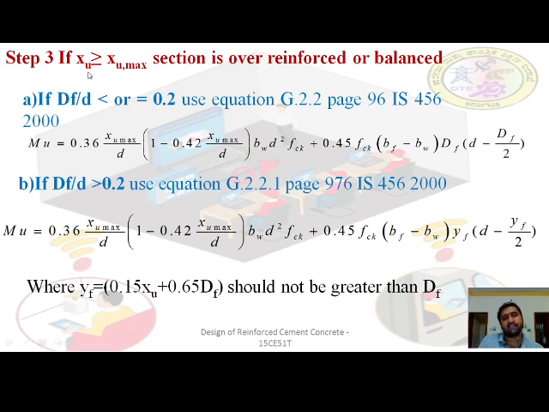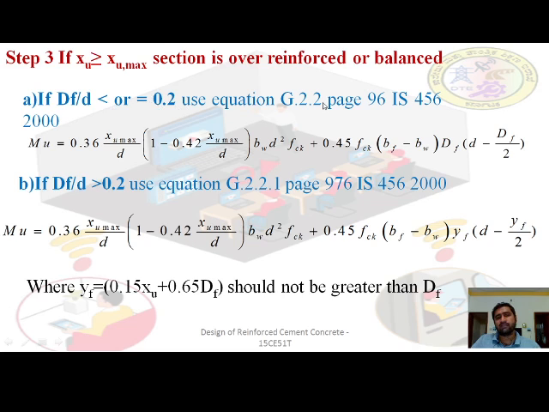In step 3 we will compare the Xu with the Xu max. If Xu is greater than Xu max, then the section is over reinforced, or it can be balanced. When it is equal, it will be balanced. If it is greater, then we will check the value Df, that is the depth of the flange, divided by the effective depth of the beam, whether it is less than or equal to 0.2.